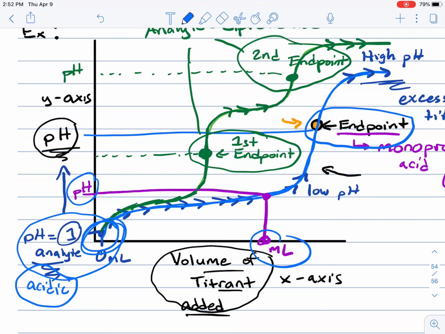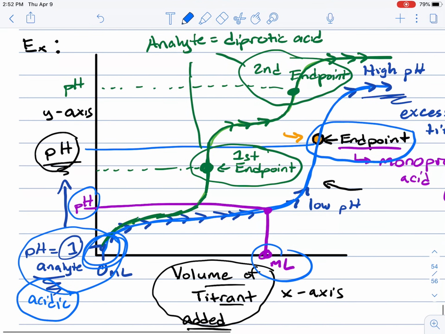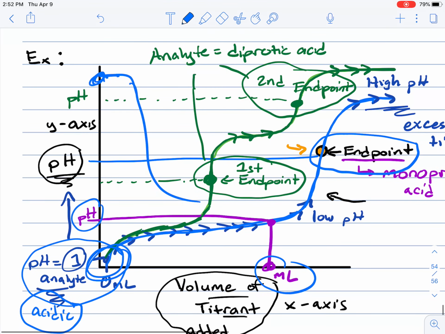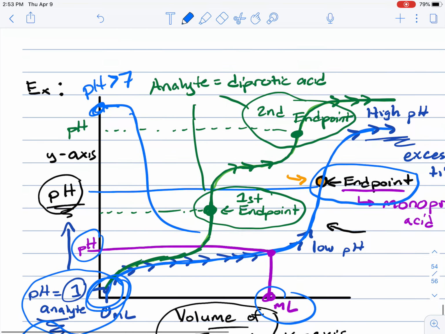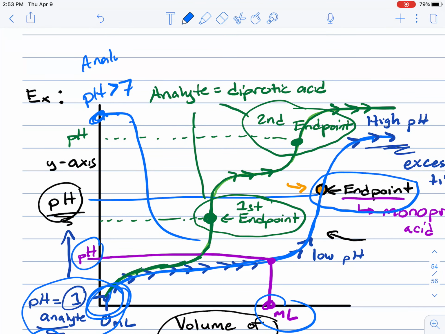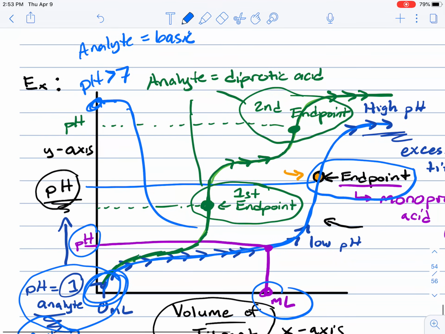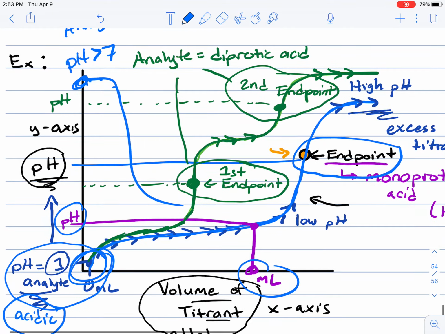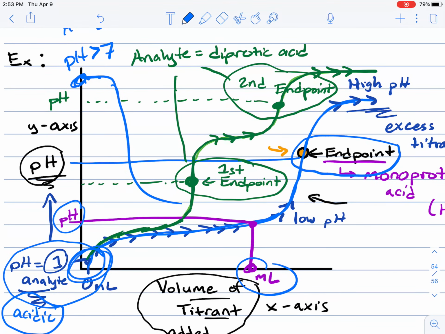So if it starts at the bottom with a pH of 1, we know that's acidic. If the titration curve starts at the top and then goes down, since we have an initial pH that's greater than 7, then we know that the analyte is going to be basic. Okay, so there's a lot of things that we can conclude just by looking at titration curves.